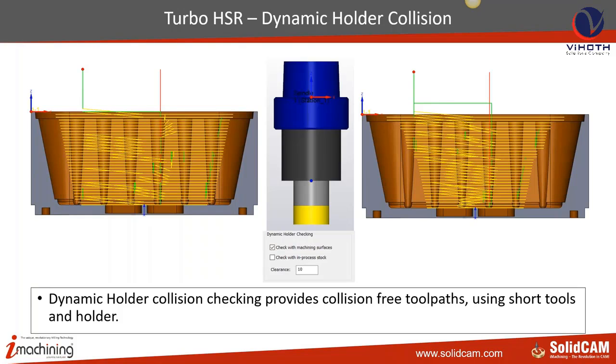In most cases, the dynamic stock is the one to be used, but if you want, you could still use it against the machining surface. Of course, you could provide both of them. You could say check against the machining surface and also check against the in-process stock.